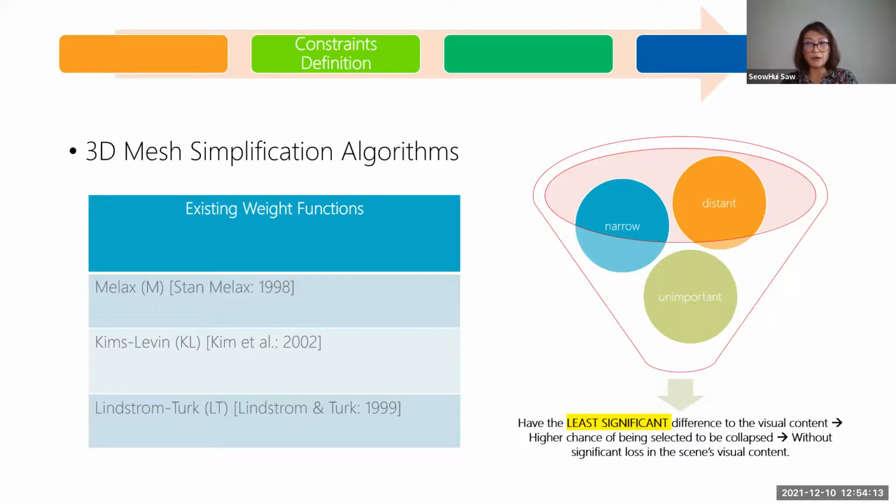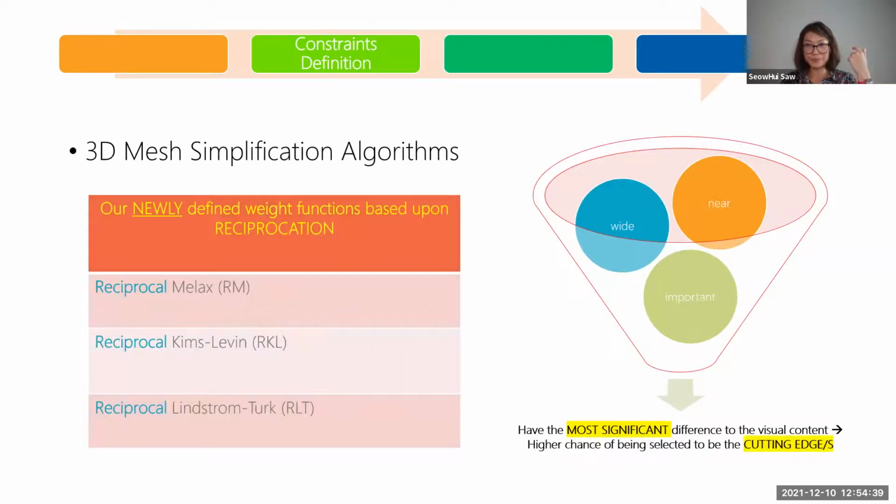The factors of reduction are narrow, distant, and unimportant points, which will be chosen for reduction in the original mesh simplification. In this research, I have tried the wave functions from Stan Malek, Kim's 11, and Lindstrom 3rd as the constraint definition.